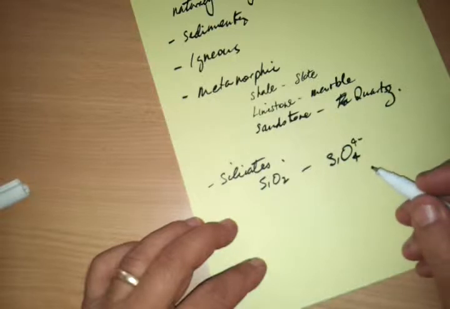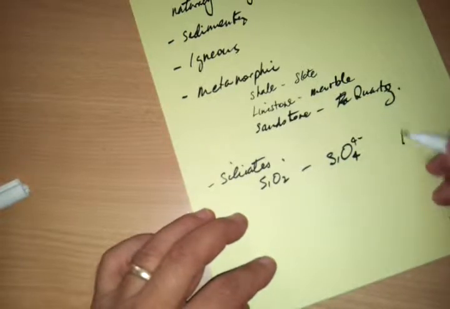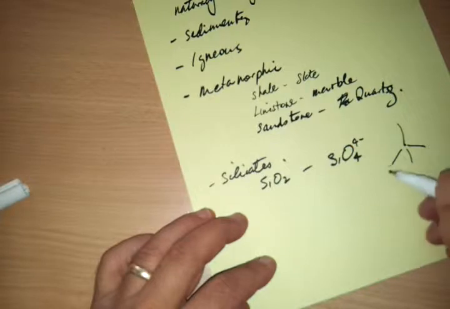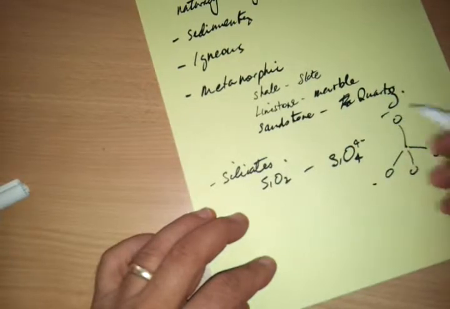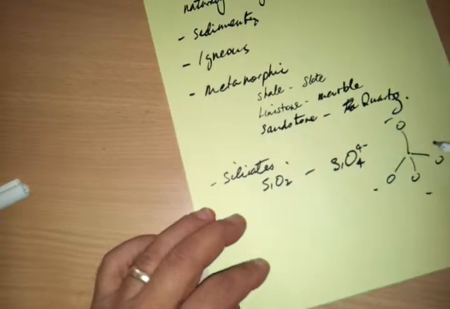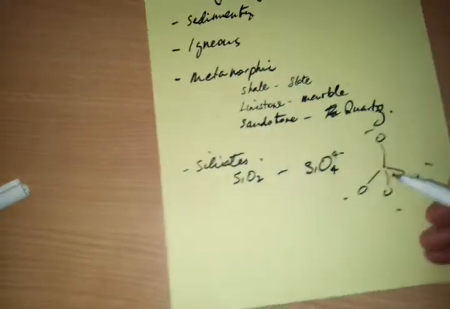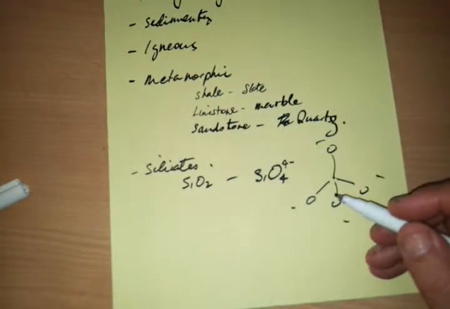And because of its tetrahedral shape with silicon and the oxygen atoms here, the outside becomes negative, almost like a negative ion. And it requires other elements to be able to stabilize it, and often those elements will be a metal. And often aluminium will be involved in that.